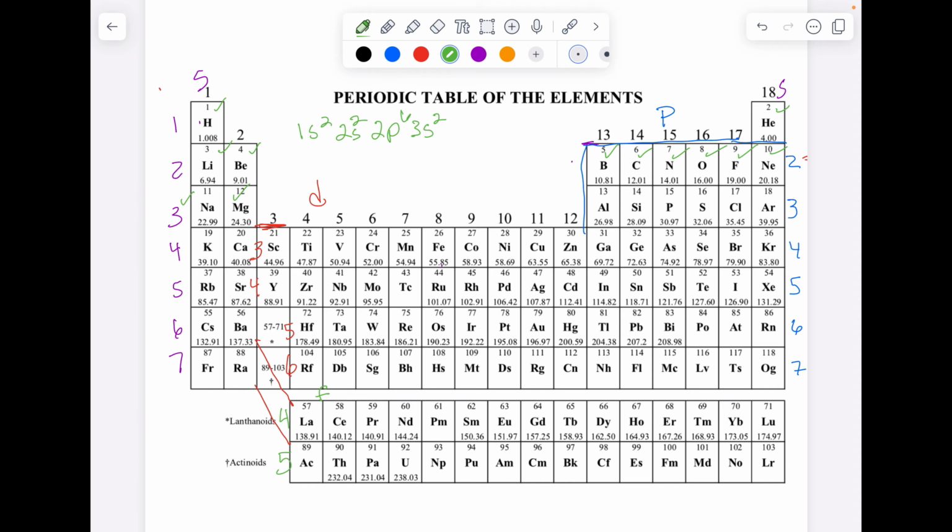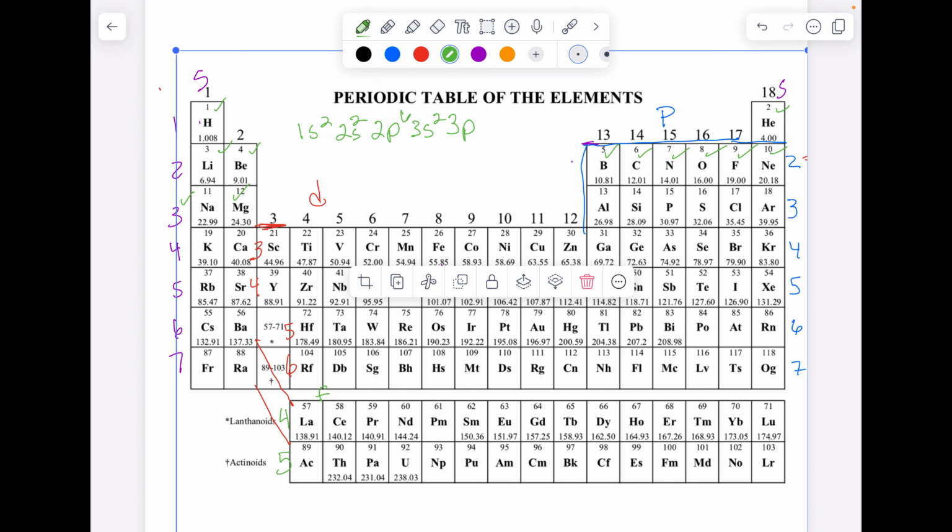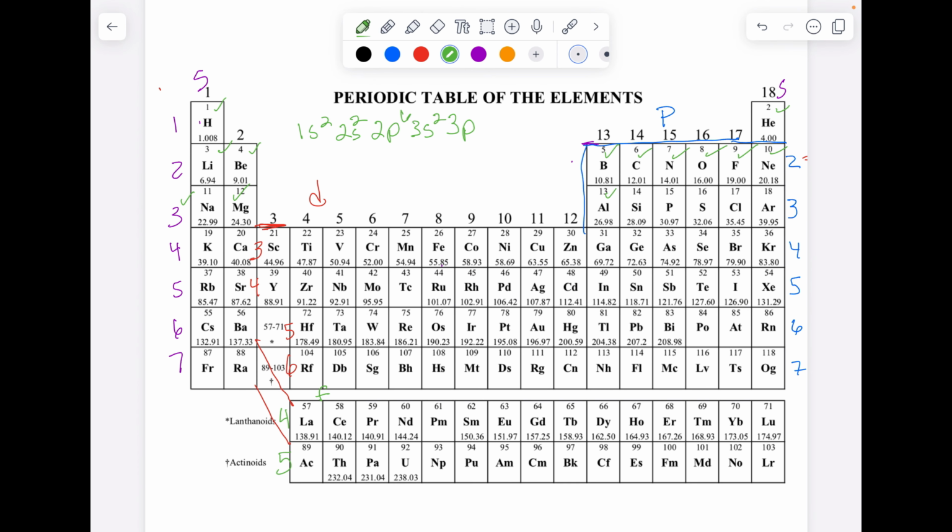Then I have to cross my periodic table to 3p, and I have 1, 2, 3, 4, 5, 6, and you'll see you always have 6 in the p's if you go all the way across, and you always have 2 in the s's if you use up all the s's. So I have 4s2.